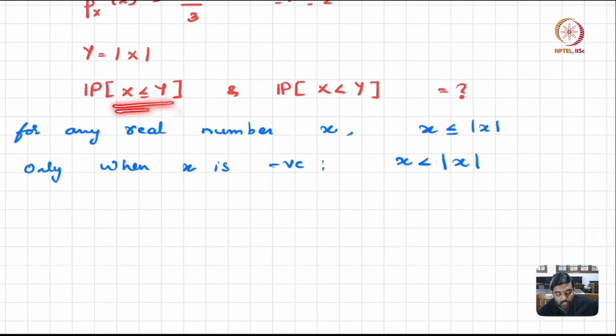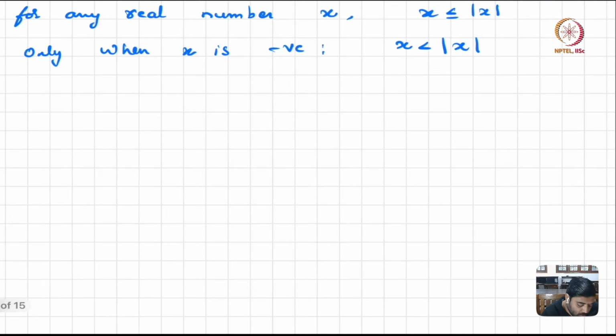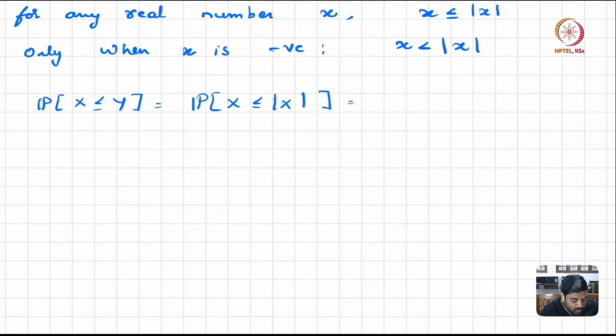This relation is valid for all the values of x, but this relation is only valid when x is negative. So therefore, the probability that x is less than or equal to y, which is the same as the probability that x is less than or equal to modulus of x, is 1, because it is true for every value.